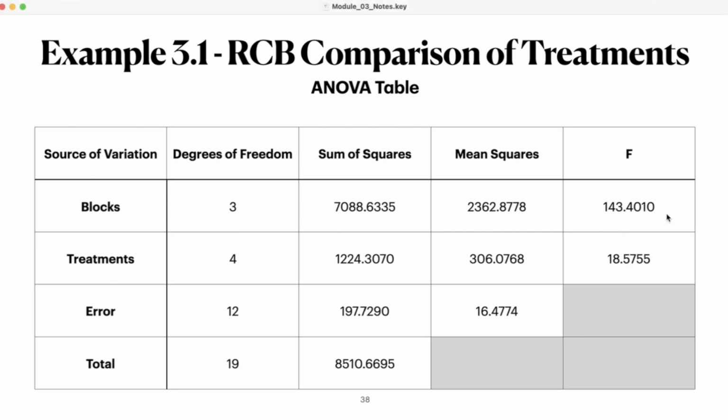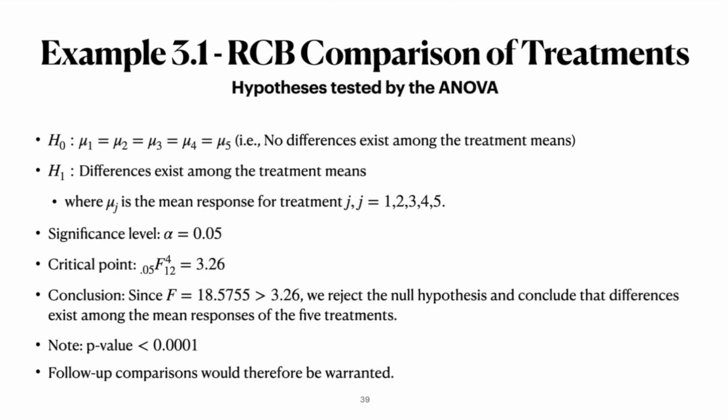We can interpret the F statistic for blocks as some measure of the effectiveness of blocking: the larger that F ratio, the more evidence there is for effectiveness of blocking. But we can't attach a true significance level or p-value to that because we don't have replication of individual blocks.